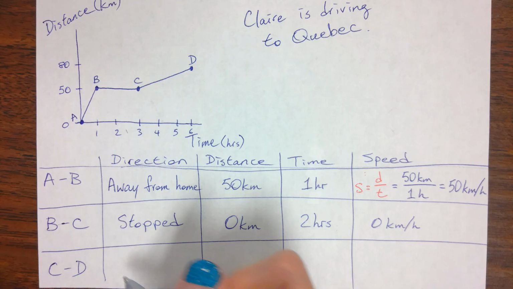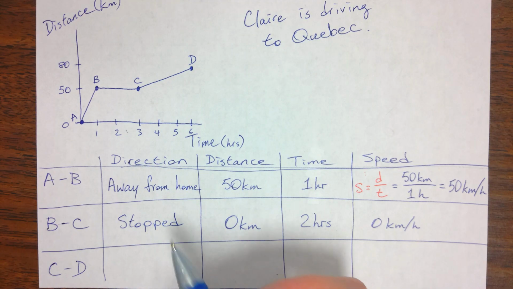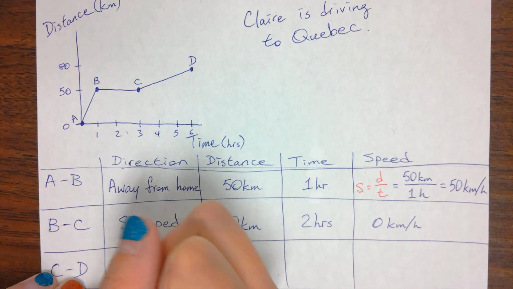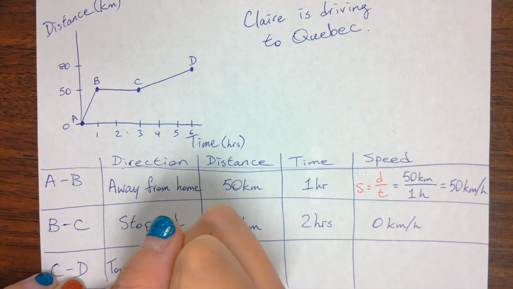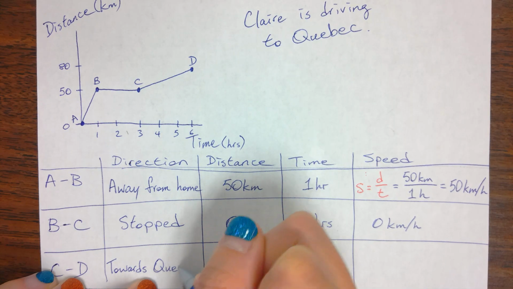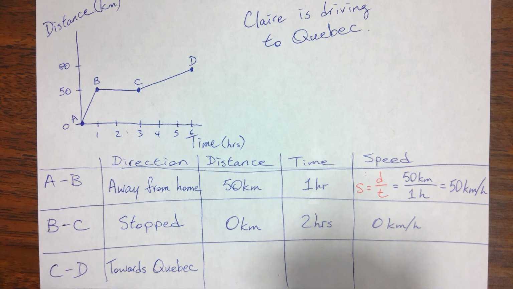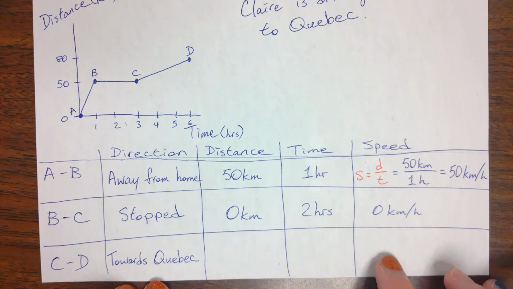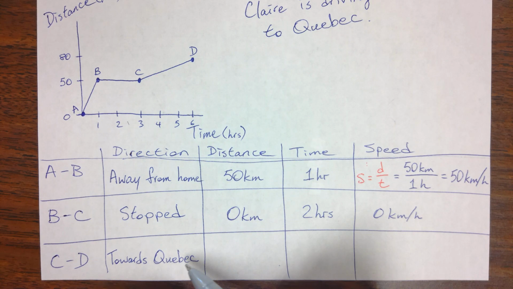Okay. And then, Vincent, what happened from C to D? Right. Okay. So she continued towards Quebec. And as Vincent said, or you can say continued away from home.